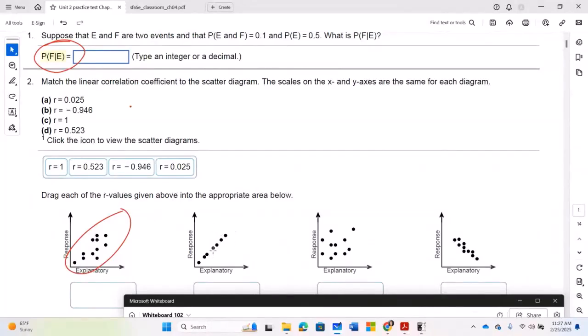We already know that all the points are on the line. So that is C: perfect positive linear relationship, all the points are on the line.